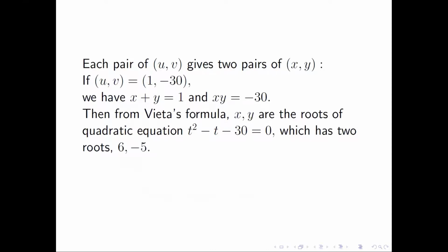The coefficient for the middle term t is the negative of x plus y, and the constant is the product of x and y, negative 30. This equation has 2 roots, 6 and negative 5. Then we have 2 pairs of x and y: x is 6, y is negative 5, or the other way around.